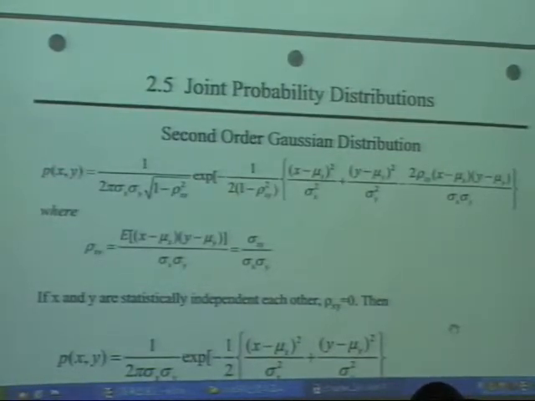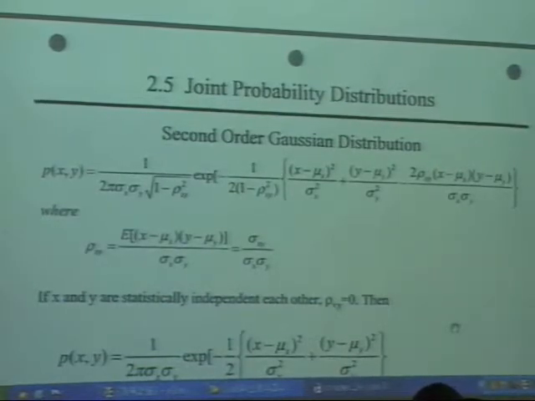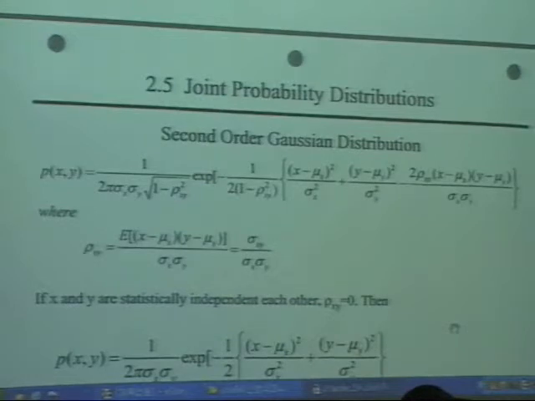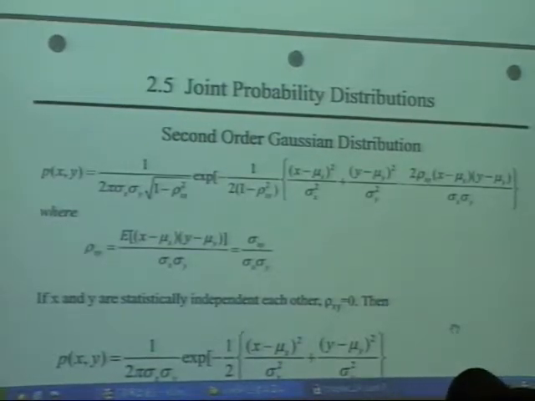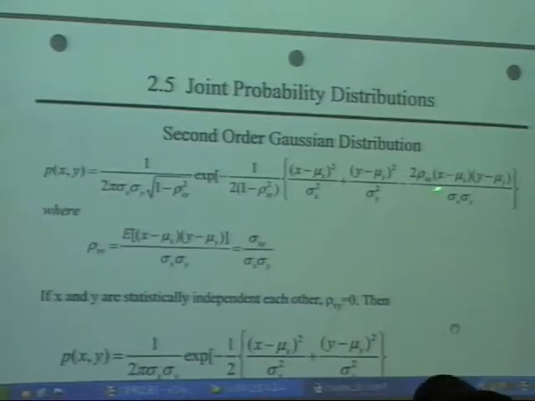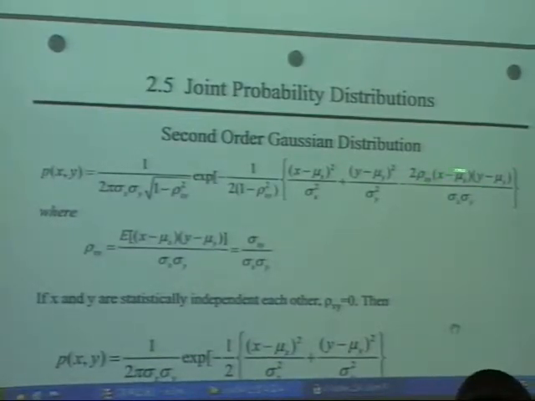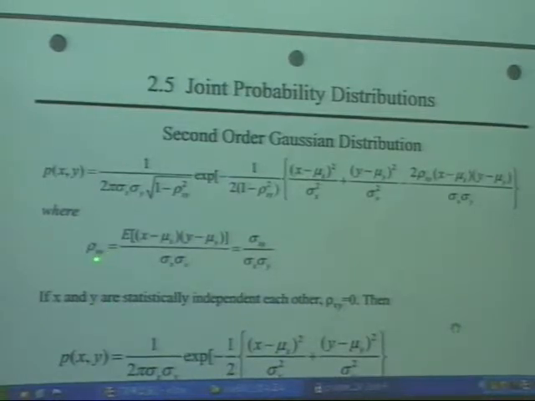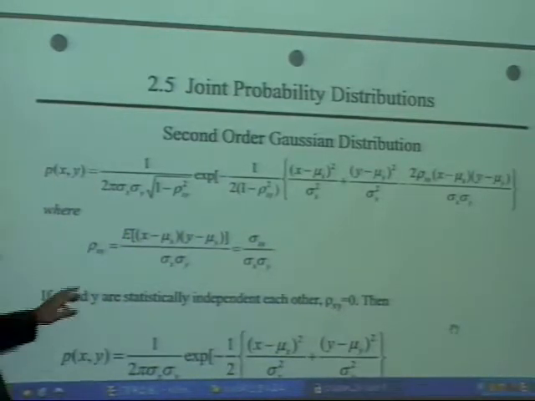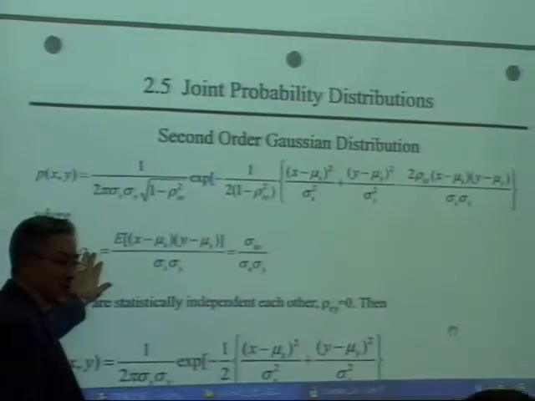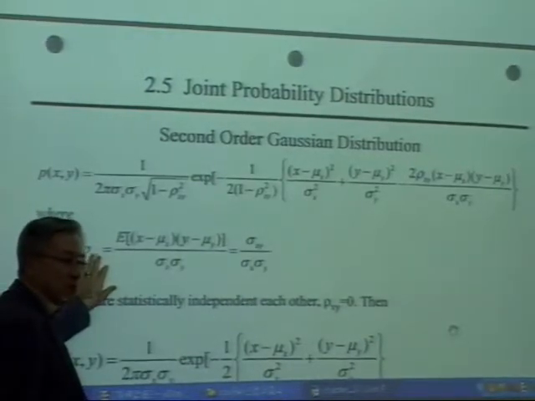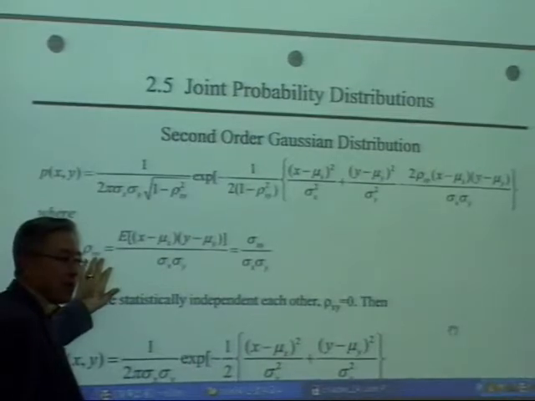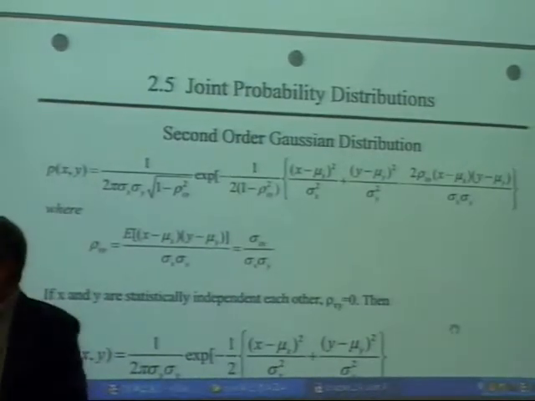With no correlation, rho xy is equal to 0, which means no last term. Rho xy, as I said, is called the correlation coefficient. Some people call this the normalized covariance.